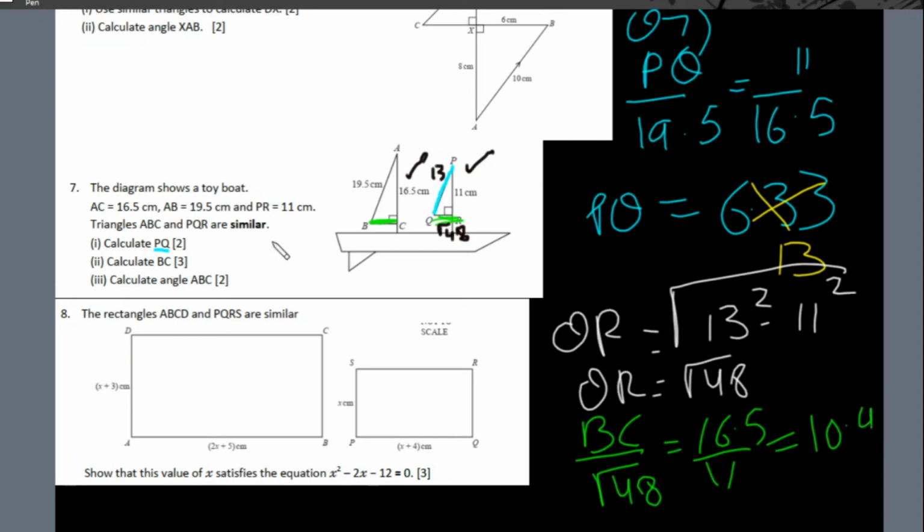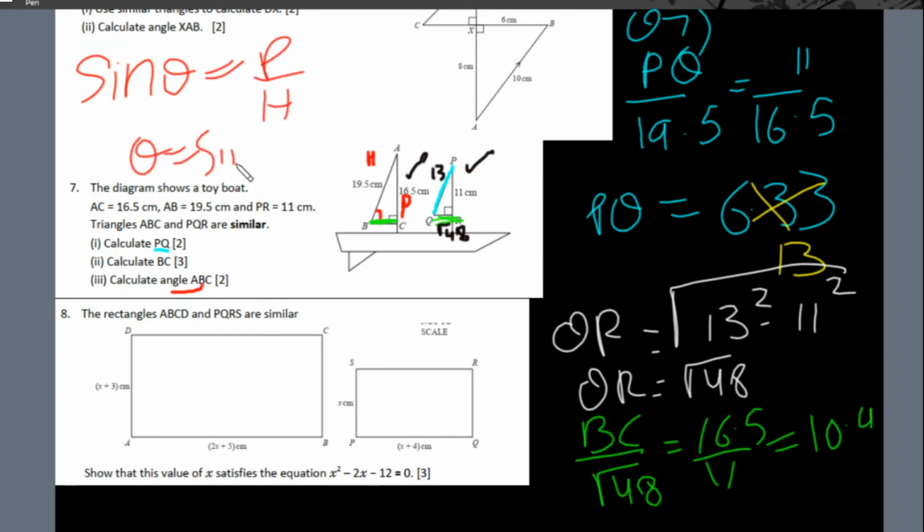And in the last part we need the angle ABC. So where is angle ABC? If this is the angle, the side opposite to the required angle is perpendicular. The side opposite to the right angle is always hypotenuse. So we'll use sine theta. Sine theta equals perpendicular over hypotenuse. So theta equals sine inverse, perpendicular is 16.5, hypotenuse is 19.5.